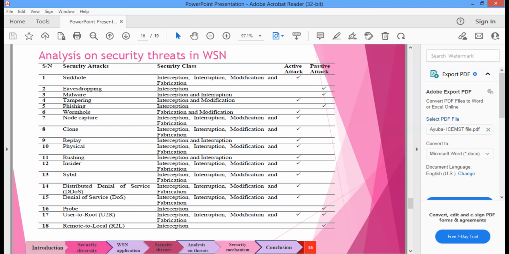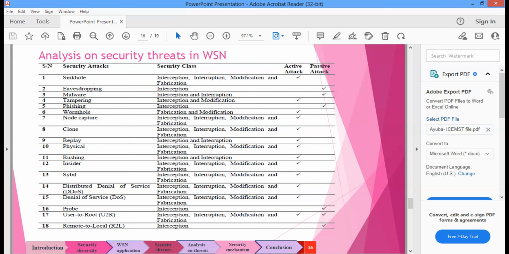So from this analysis, we have different types of security attacks, and this is the security class they use in launching their threats on the wireless sensor network, like in the case of the sinkhole attack, where we have interception, interruption, modification and fabrication. Such types of attack target destroying the network.